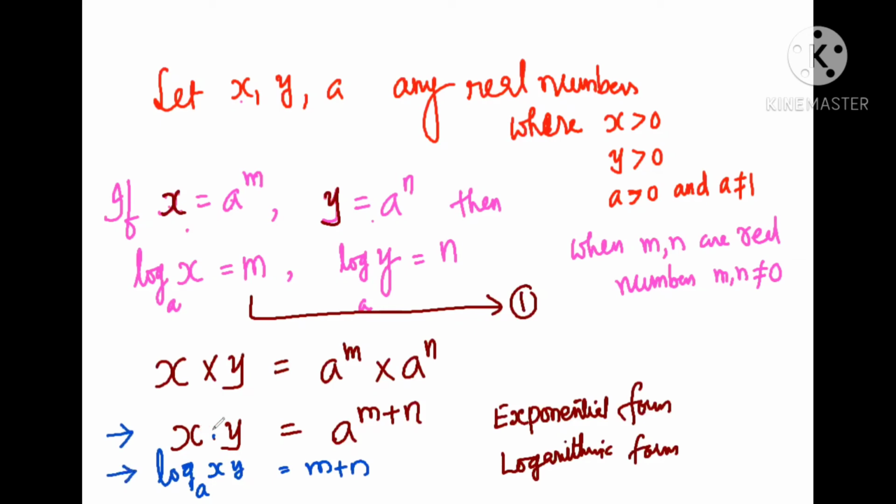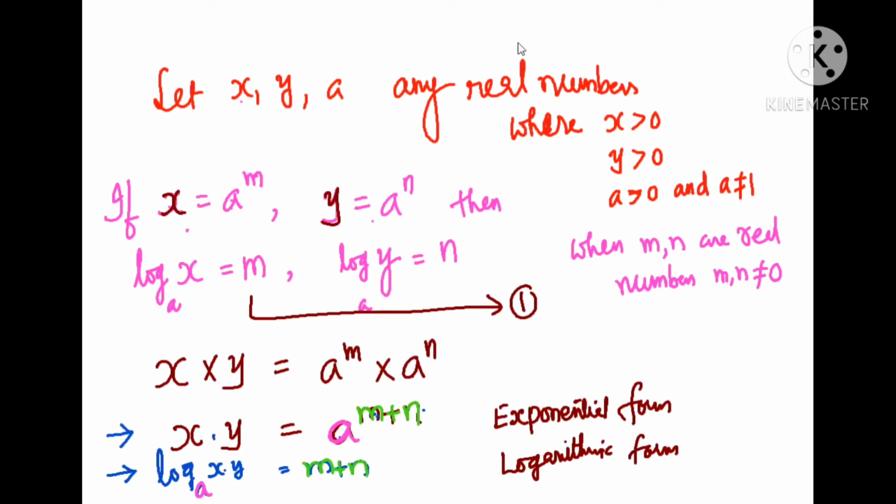Logarithm of this number x into y is equal to m plus n. Logarithm is nothing but the exponent for a particular base. For base a, this is equal to m plus n. Here the base is a, x and y, so here the exponents m plus n.